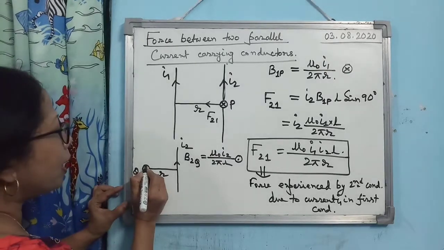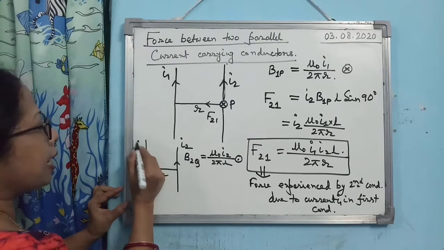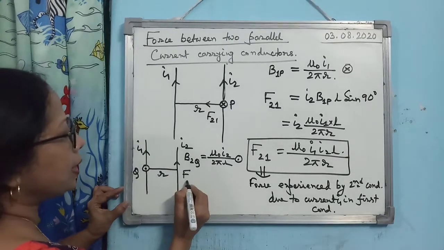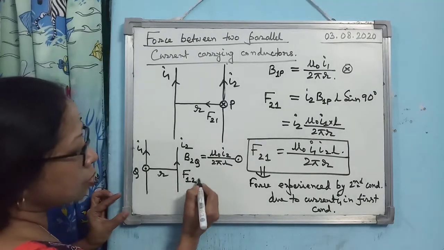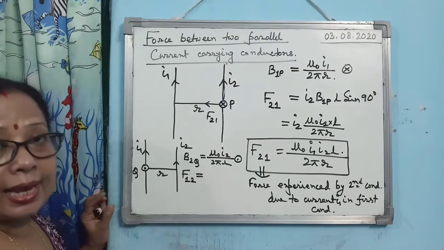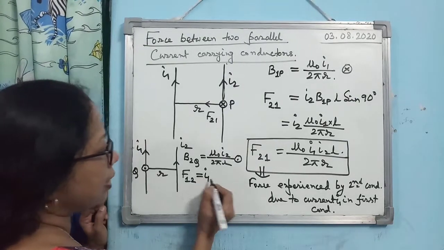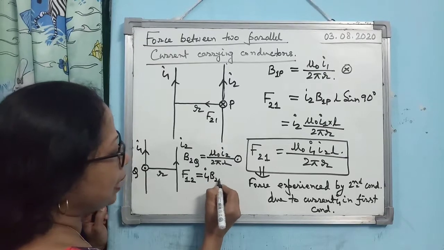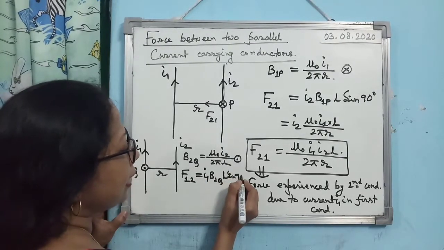Okay. Now what we have done? We have kept the current carrying conductor I1 here. So what will be the force experienced by the first conductor due to current in the second conductor? It will be ILB sine theta. So I will be I1, then B will be B2Q, then L into sine 90 degree.